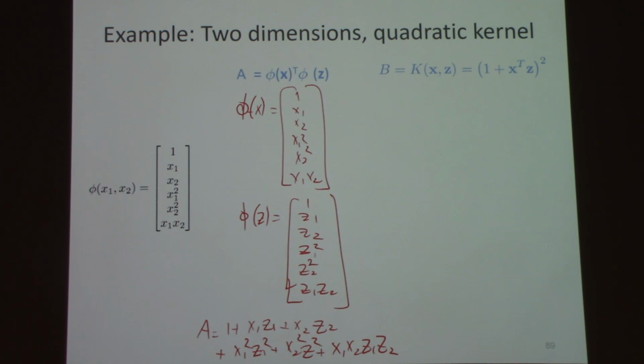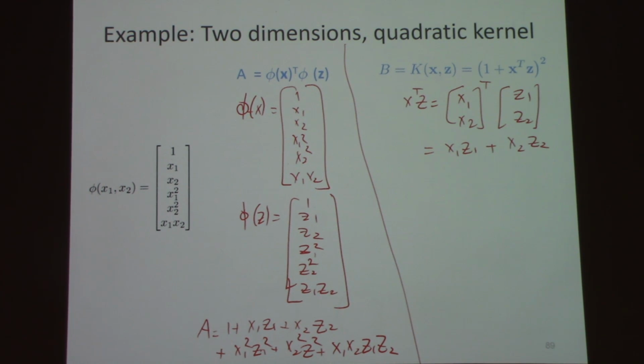I've literally just written out the definition of the dot product of these two vectors. Now let's compute the other thing. So x transpose z is simply the dot product of these two vectors, but this is x1 z1 plus x2 z2.